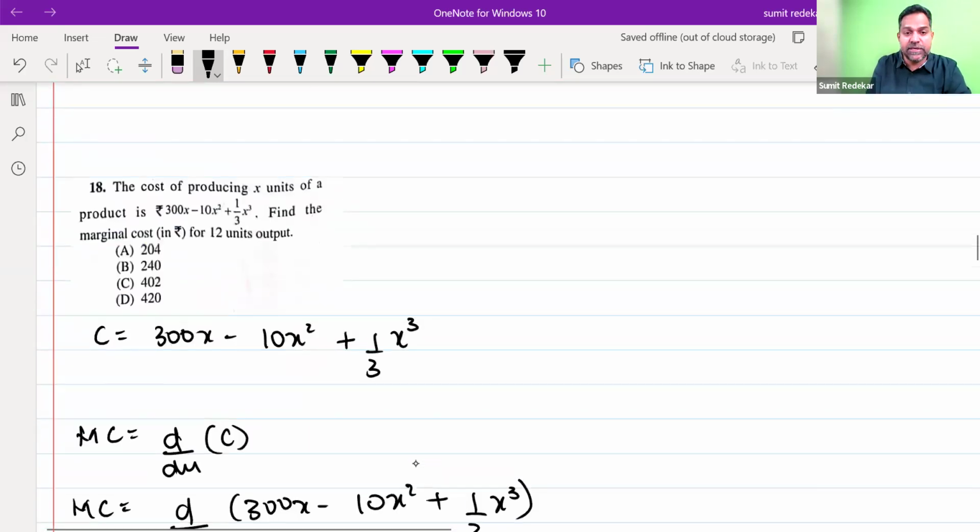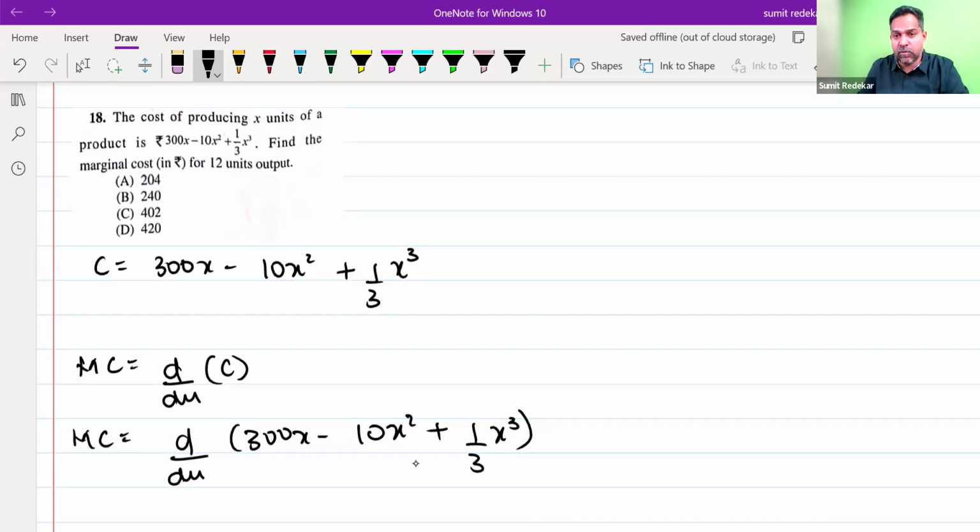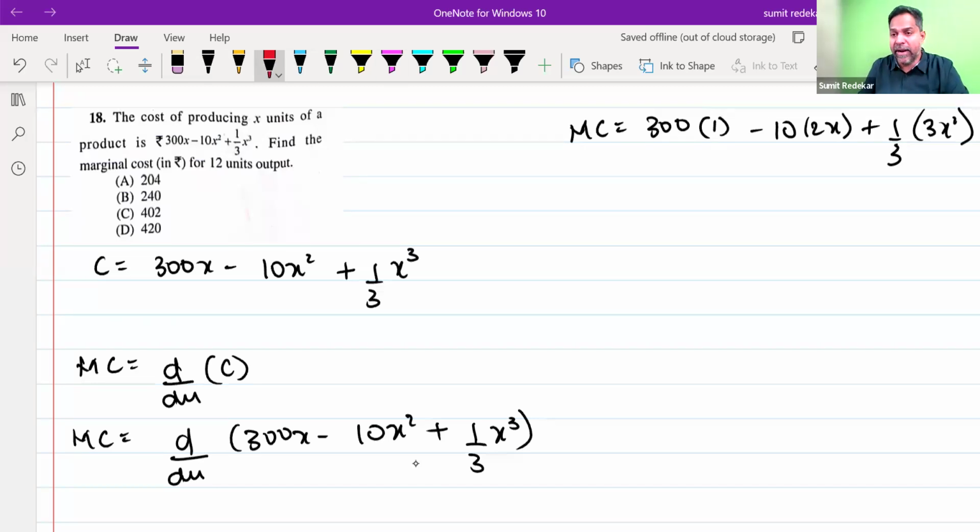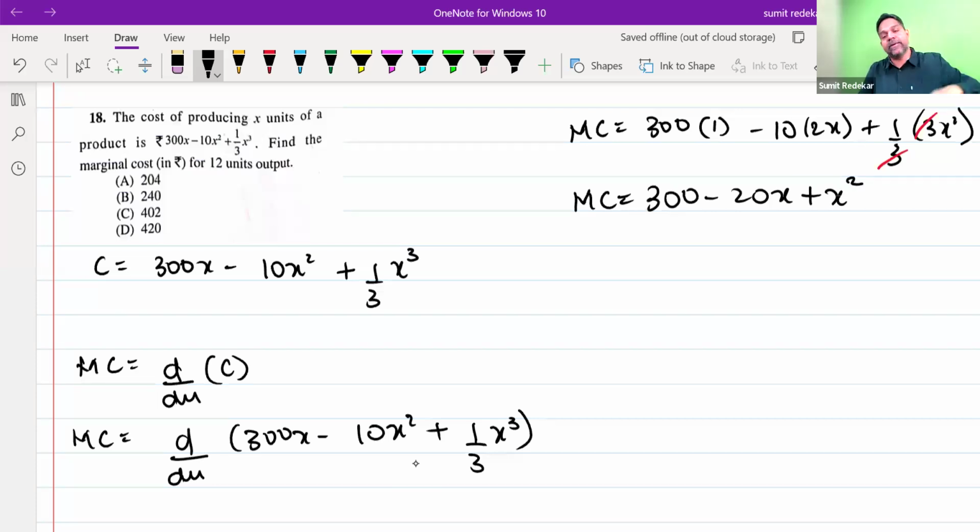Derivative of 300x is 300, derivative of x is 1. 10, derivative of x square is 2x. 1 by 3, derivative of x cube is 3x square. You get a 3 and a 3 cancelled. I get marginal cost is 300 minus 20x plus x square.